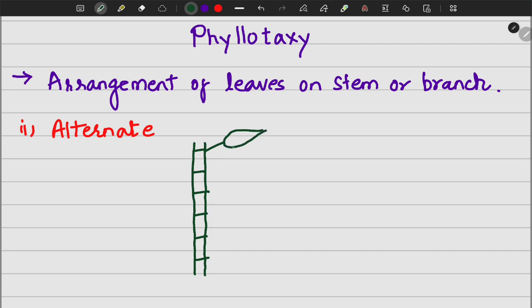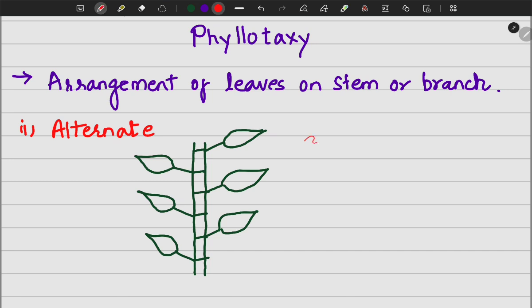Suppose this single leaf arises at this node in this way, then at the other node it will arise in an alternate manner like this, then here like this, at this node like this. So this type of arrangement is called an alternate type.